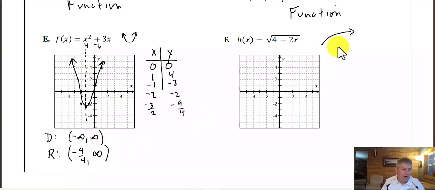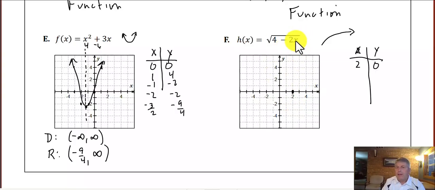Our square root function, again, we can do a table of values here. We could probably eyeball when the number under the square root is going to be 0. So if I do an x value of 2, I'm going to get a y value of 0.